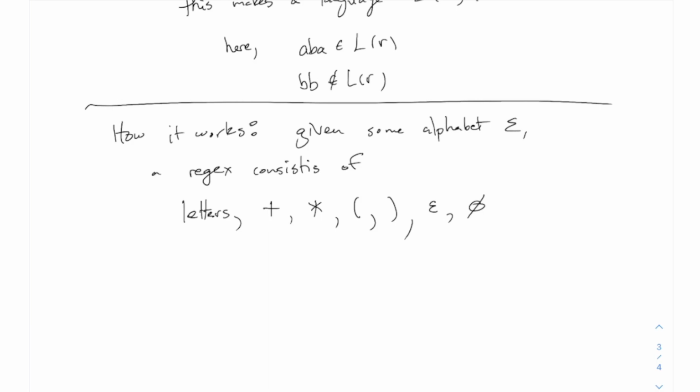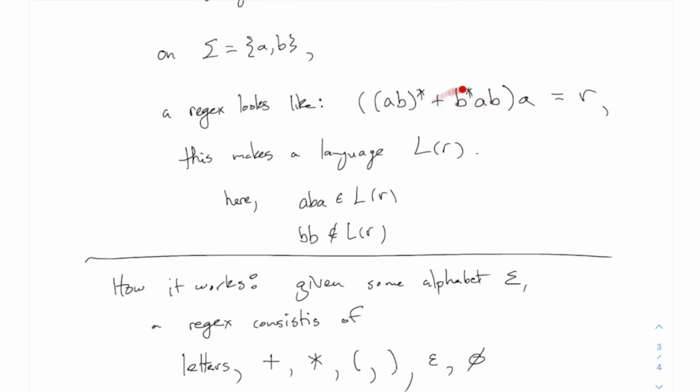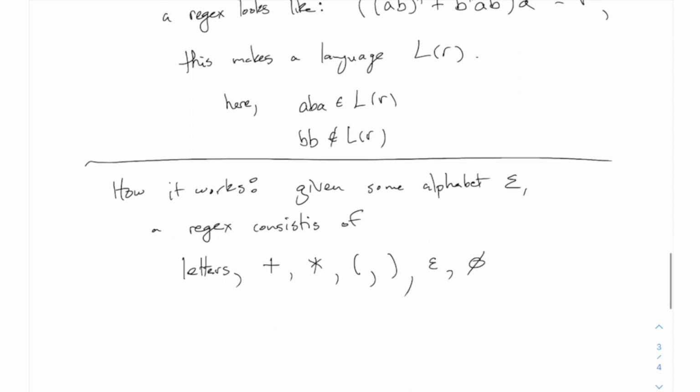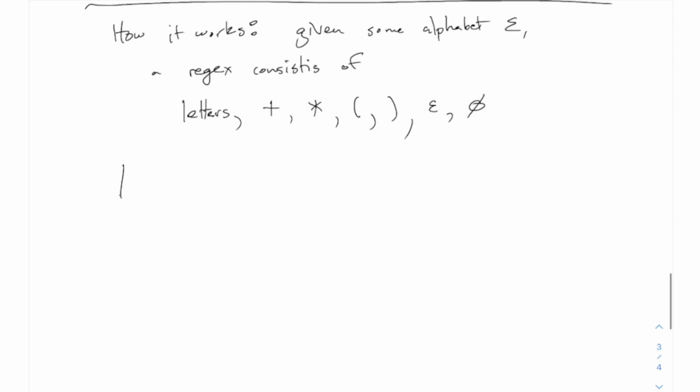All right? So I have to tell you what each little piece of a regular expression represents. If you see a letter in there, like you did up here, those letters just represent themselves. So this A here means an A. This B means a B. Letters represent themselves.